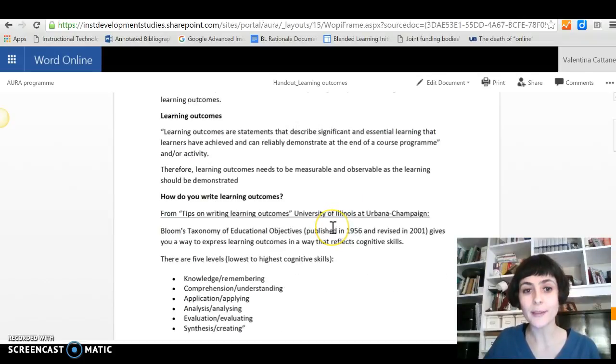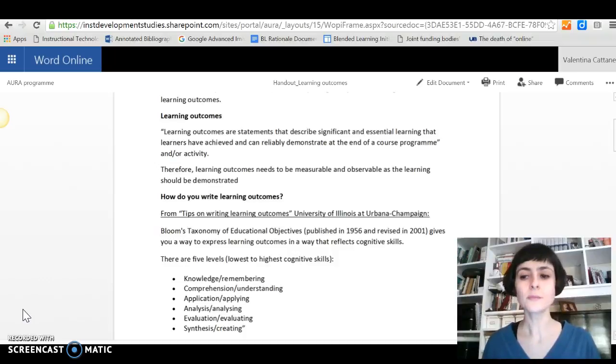In addition to that, there is Bloom's Taxonomy of Educational Objectives, which is a classification that gives us some help while writing learning outcomes. It is a classification of learning domains: cognitive domain, affective domain, and psychomotor domain, also referred to as skills, attitude, and behavior.